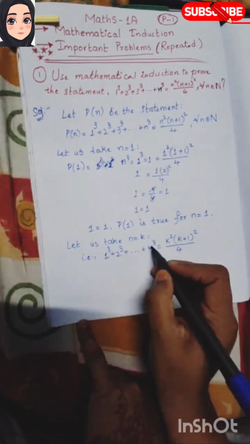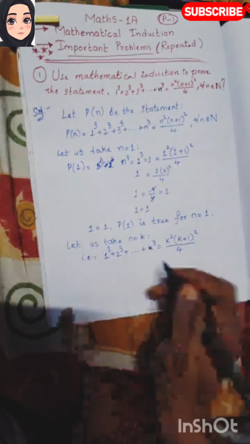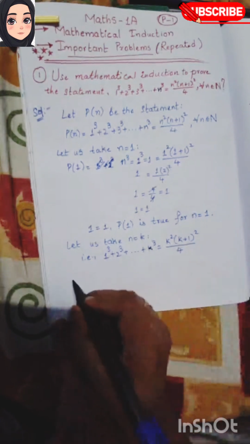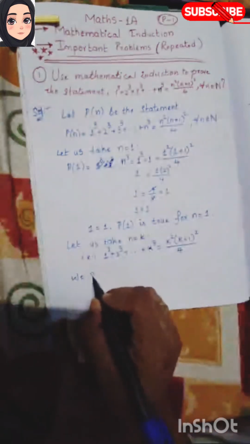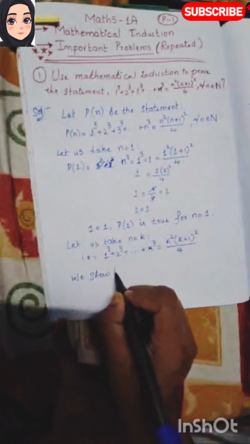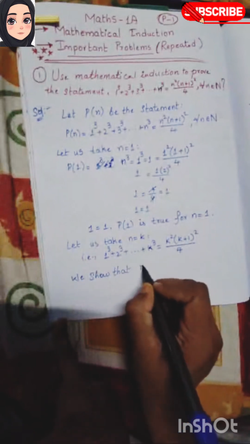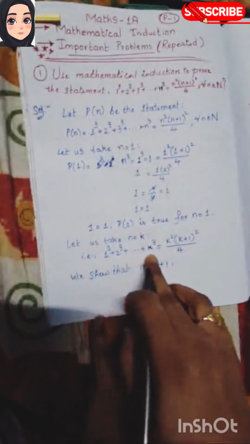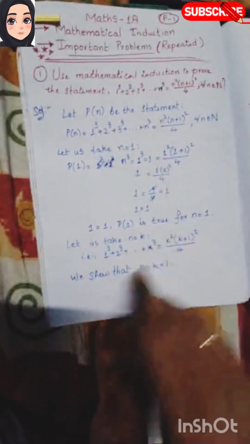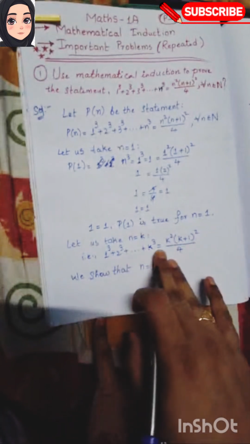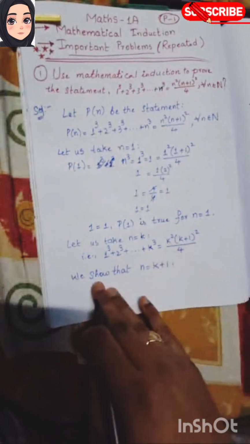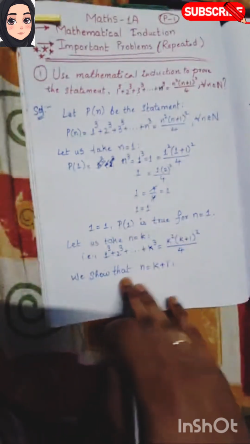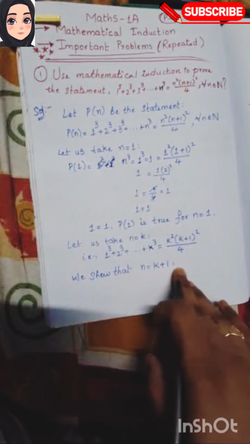In the second step we don't have to prove anything; we only write k in place of n. But in the next step, the third step, we have to show that n equal to k plus 1 is true.